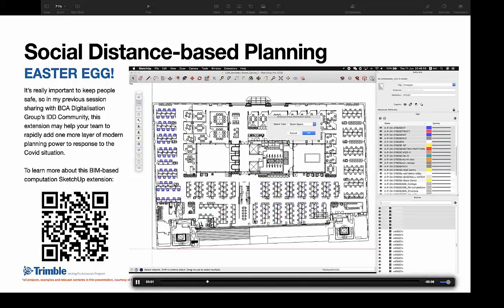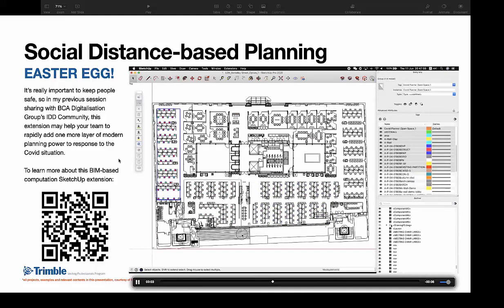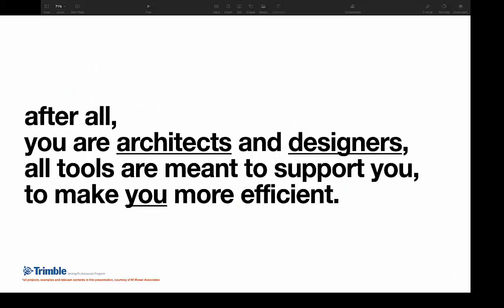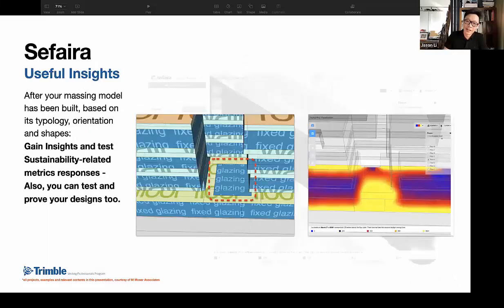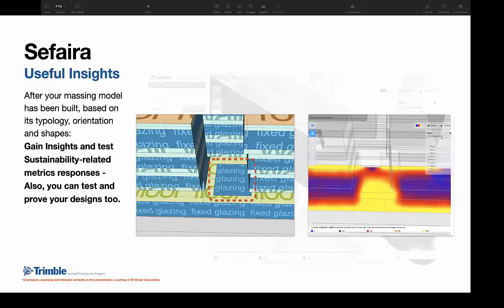Right. You mentioned Sefaira. Is that a plugin also? Yes, it's actually a web app. You can run it on the web, which is the full version, and it also has plugins for SketchUp and Revit. It's pretty fast and pretty simple.